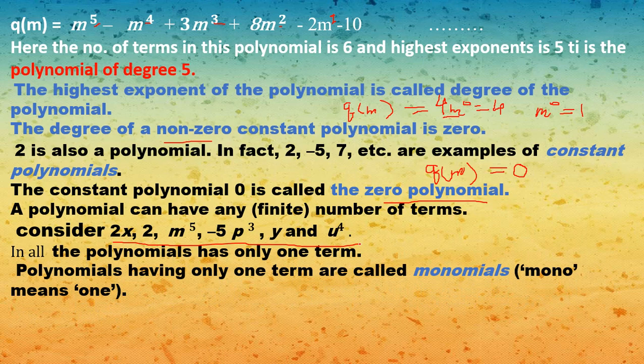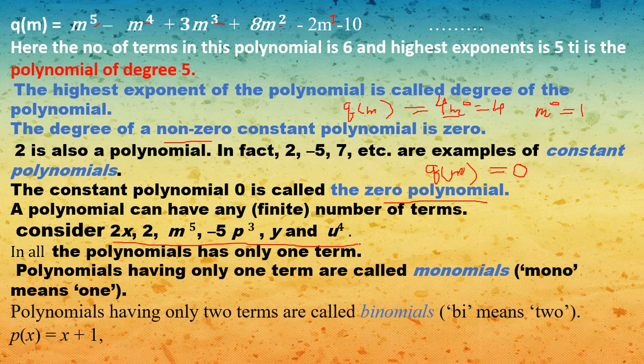A polynomial having only one term is called a monomial, mono meaning 1. If a polynomial has two terms, as we have learned in previous classes, it is known as a binomial, and if it has three terms, it is a trinomial.